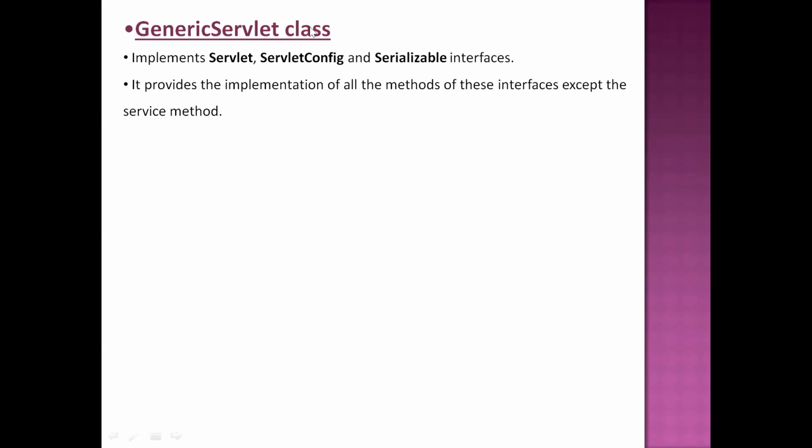Your GenericServlet class provides the implementation of all the methods available in these 3 interfaces except the service method. Why? Because the service method is mainly used for handling the requests. So whoever is implementing the servlet can write their own task for handling in the service method.